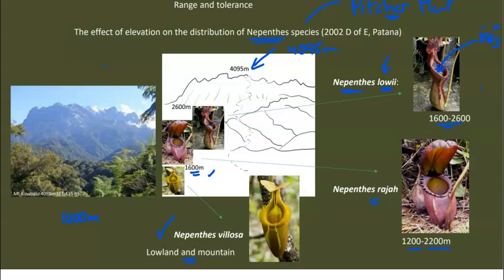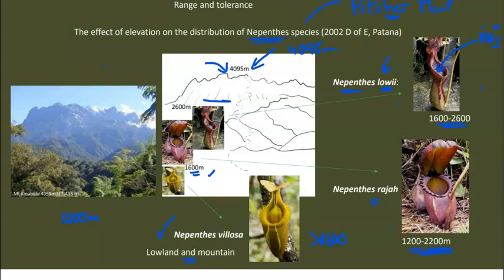Lowii is named after an individual who made one of the first ascents of parts of this mountain as well. So we had these three very distinct species which had particular ranges, with villosa going up to 1,600, the rajah between 1,200 and 2,200, and the lowii from 1,600 to 2,600.